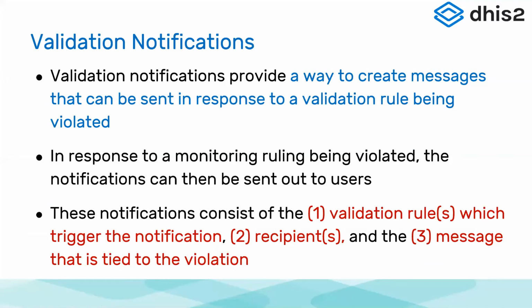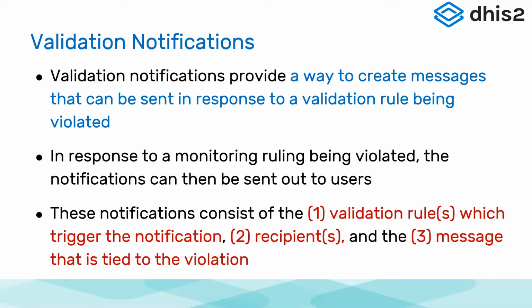You can run validation rules manually. I told you that you can run validation rules while you are entering data in your data set and in the data quality app.